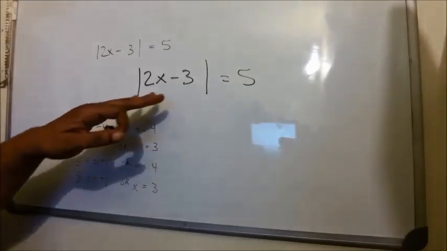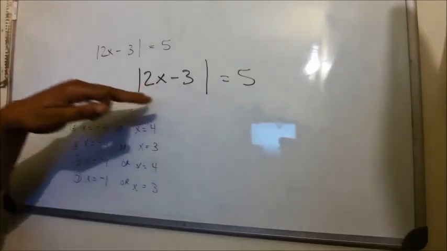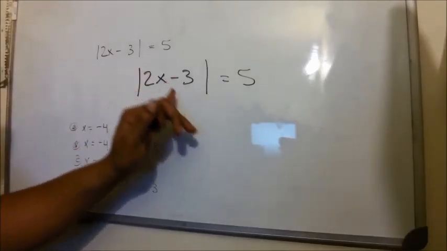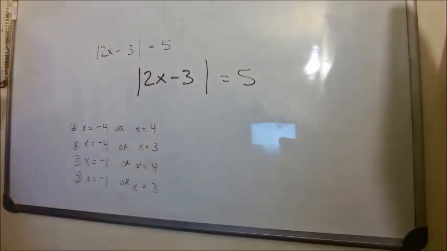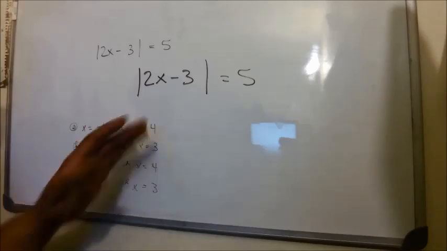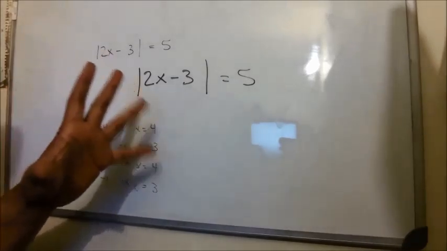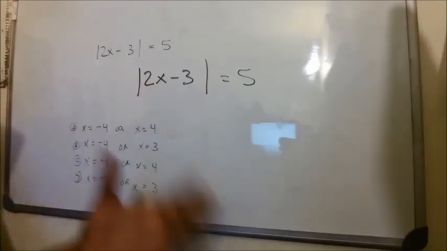Now what we need to know about the absolute value is that no matter what's inside of here, whether it's positive or negative, it's always going to be positive. Because when it's in here, it's more concerned with a number of units or a number of distance.